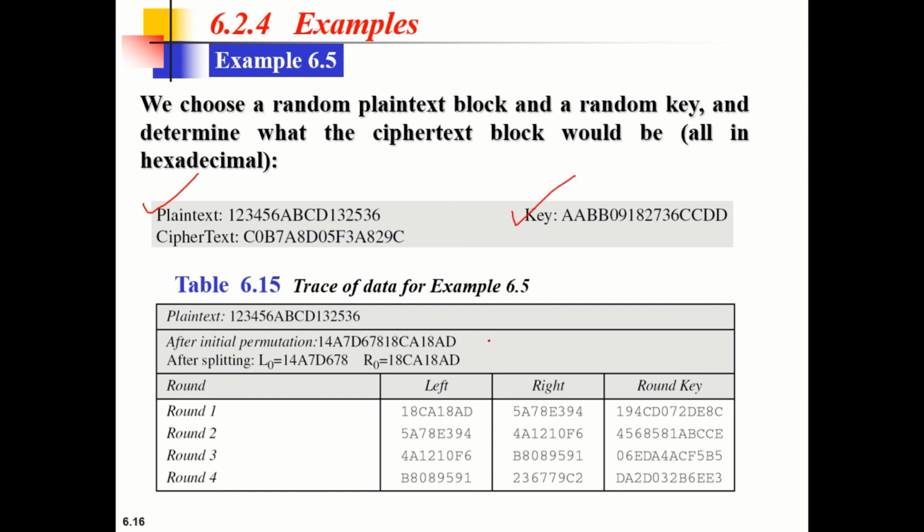First, what do we do? We initially permute, the initial permutation, which was the first step. After the initial permutation we get this value for the plain text. Then we divide it into two parts, the left part and the right part. Then we perform the DES function using these left and right parts.